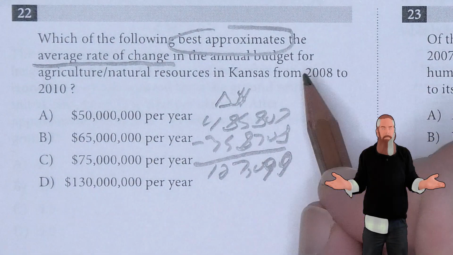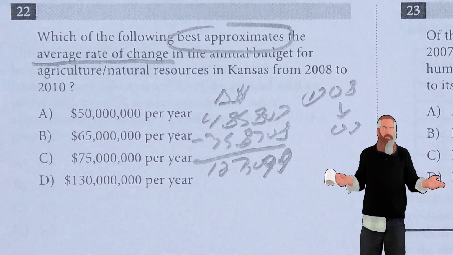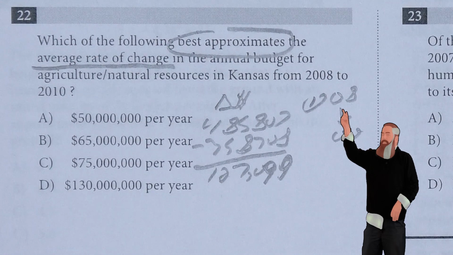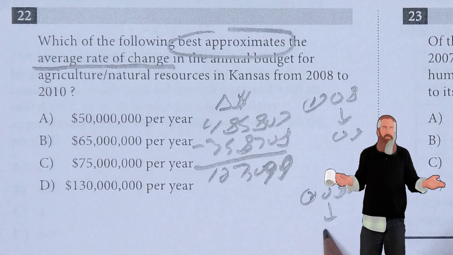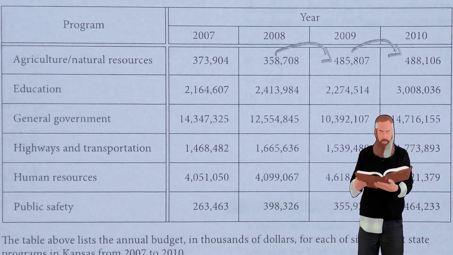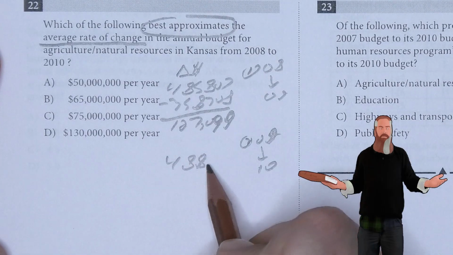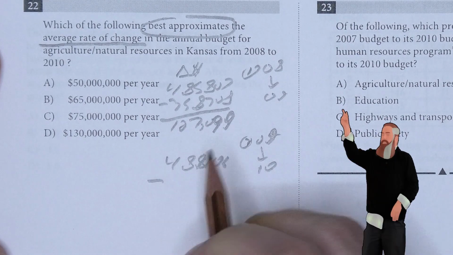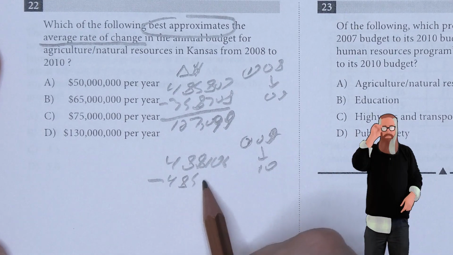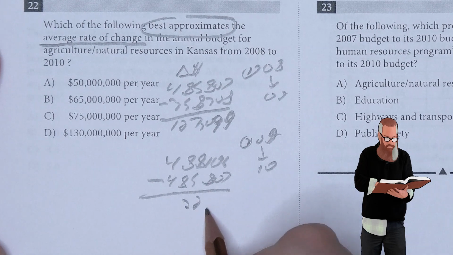So that first thing was looking at the change from 08 to 09. But what happens when we look at 09 to 10? So from 9 to 10, this means that I'm looking at 488,106 minus 485,807, and this is going to give me 2,299.